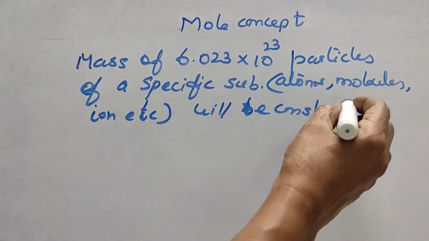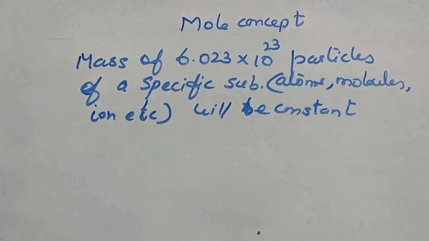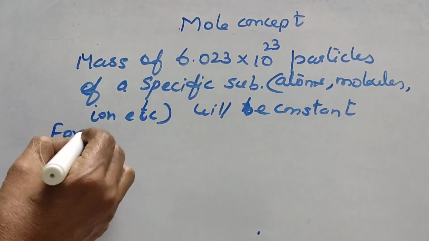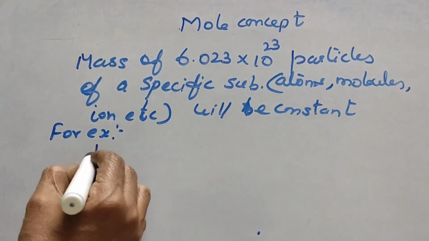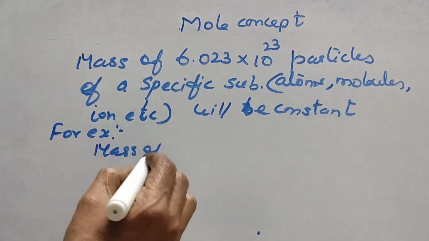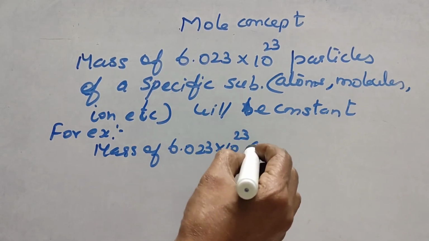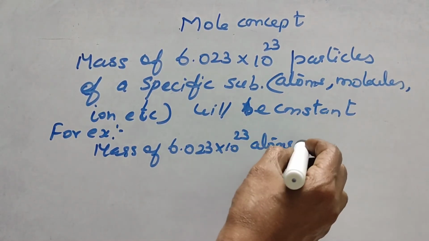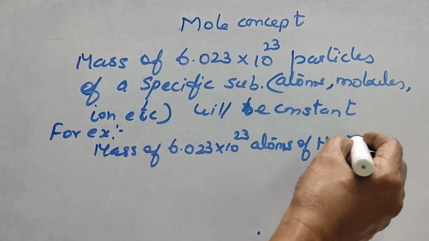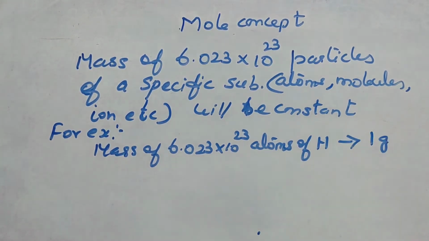That is the main thing in mole. The mass of 1 mole of any specific substance is constant. For example, the mass of 6.023 into 10 power 23 atoms of hydrogen will be equal to 1 gram.